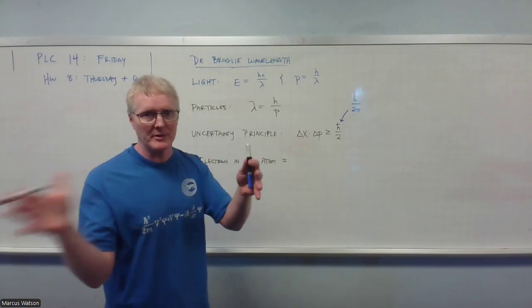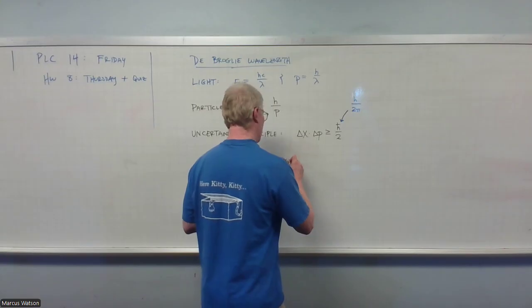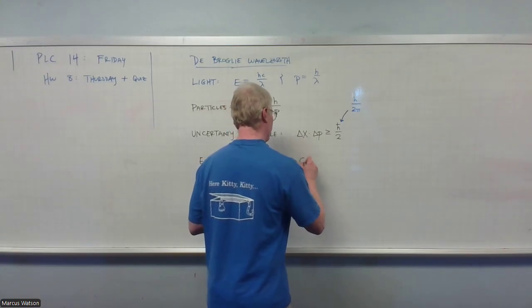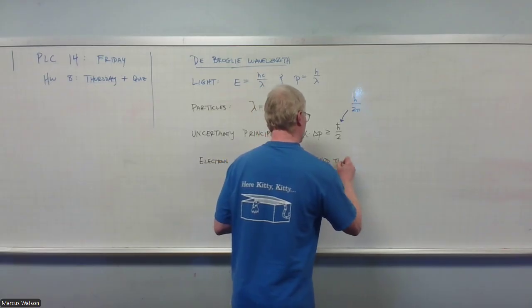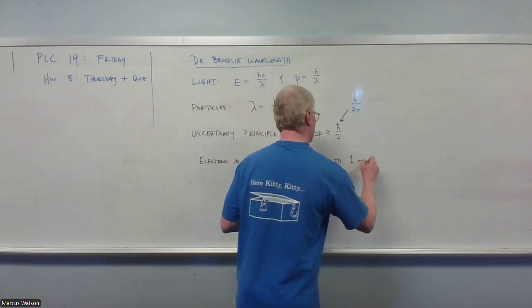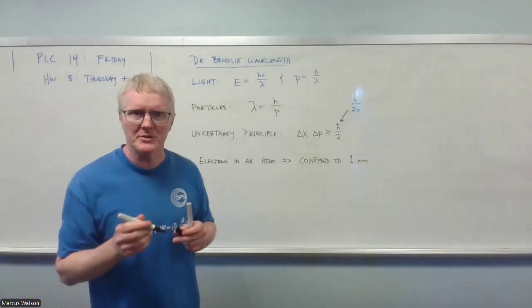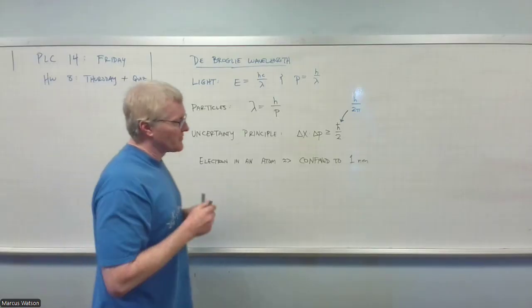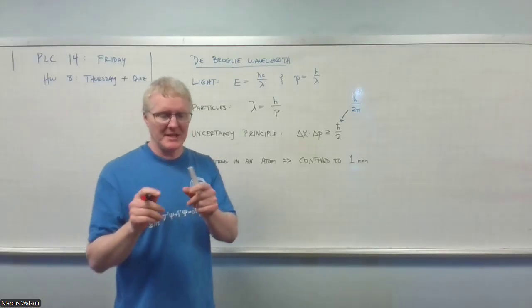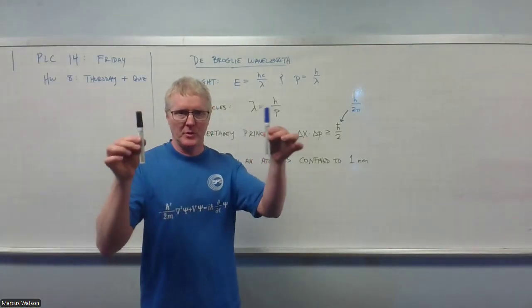So half a nanometer on each side. So this is confined to a 1 nanometer kind of box or space, whatever you like to think of it. In other words, we know its position is somewhere within, say, between here and here.